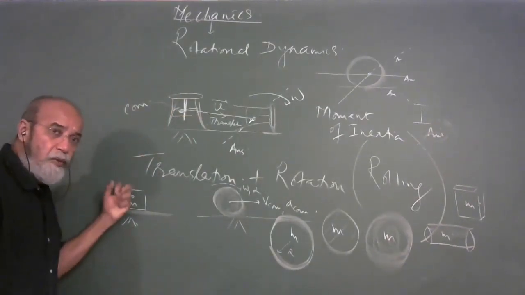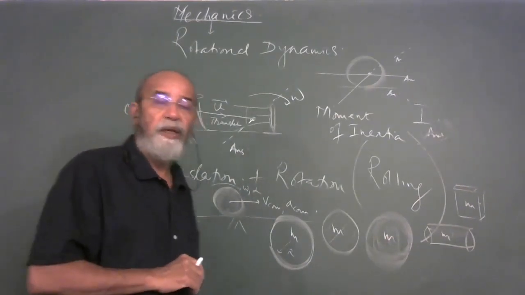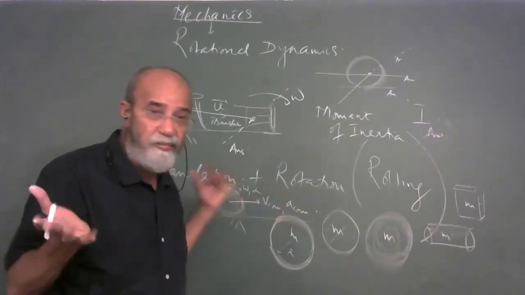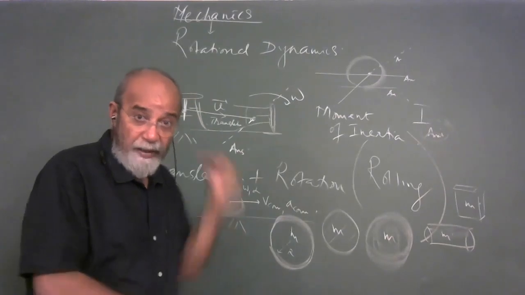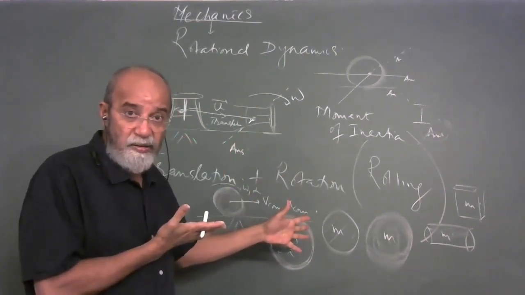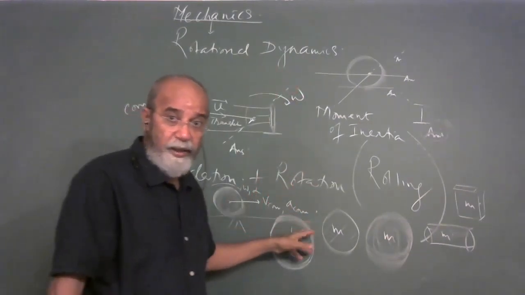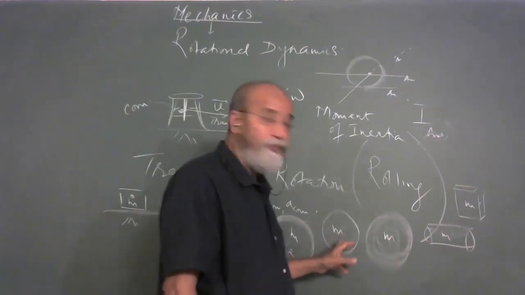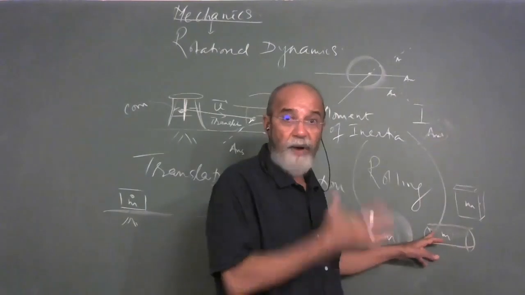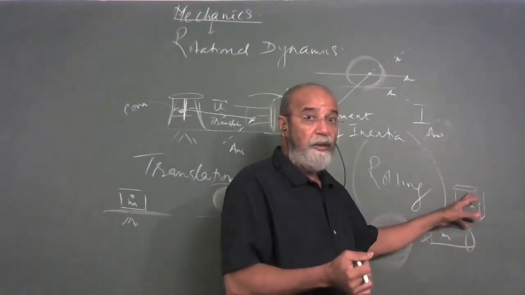I just reduced everything to a point and said, this kind of dynamics, the spread doesn't matter that time. But now it matters because rotation is involved. You know very well, a ring will rotate quite differently from a disc. A sphere will rotate quite differently from a rod, and the rod will rotate quite differently from a sheet.